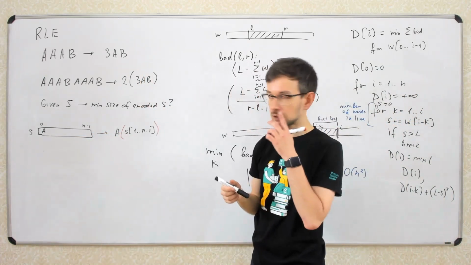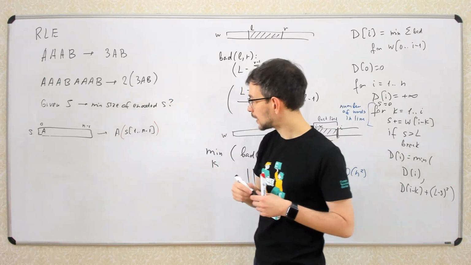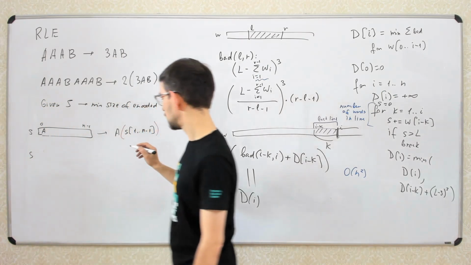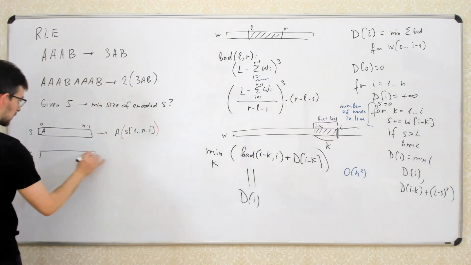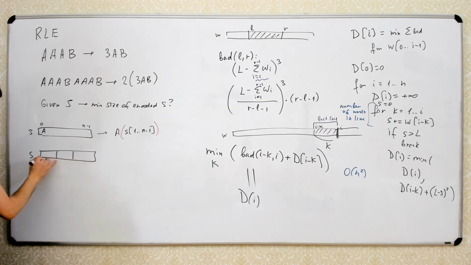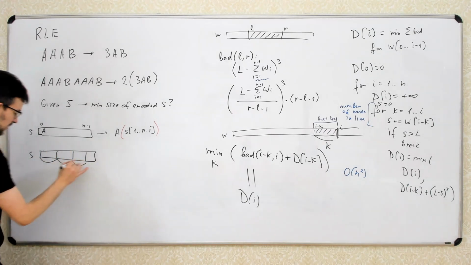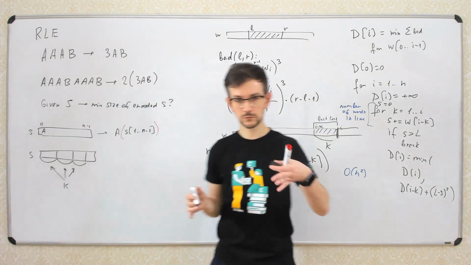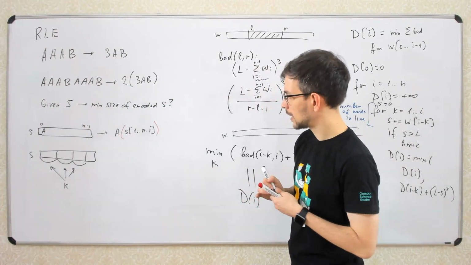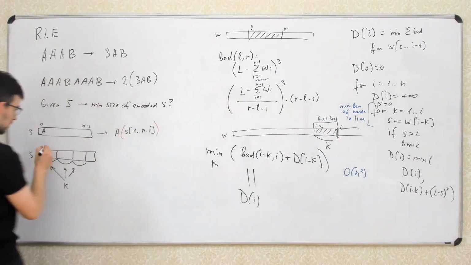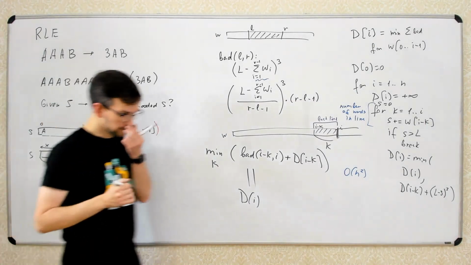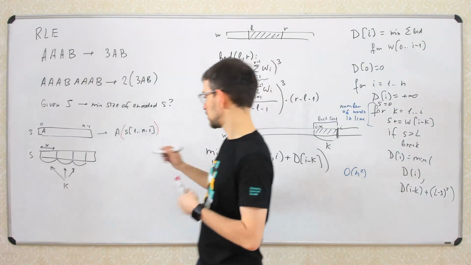The second option is to make some repetition like this. We have some string which is repeated several times, so we have k repetitions of the same string, and let's have the length of this string equal to x. How can we encode this string in this case?